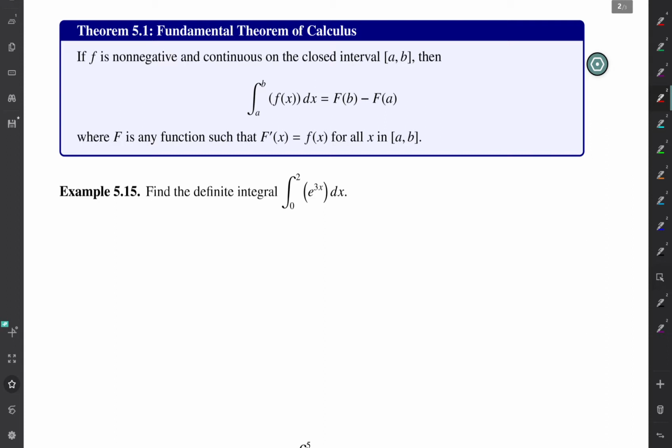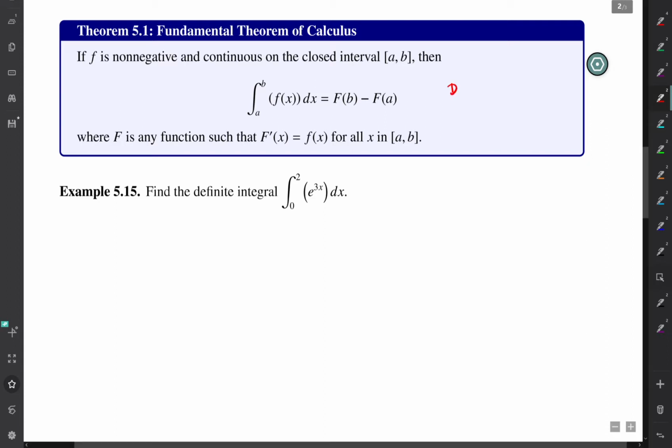And what this is really saying is something I've already been saying: that derivatives and integrals are inverses. They're inverse functions of each other in a sense.